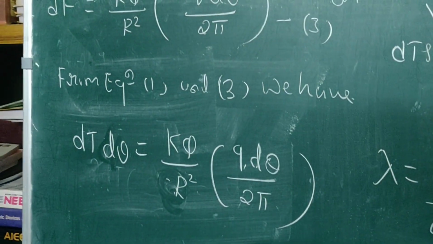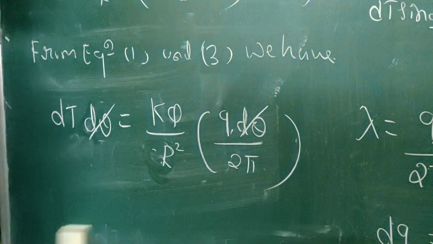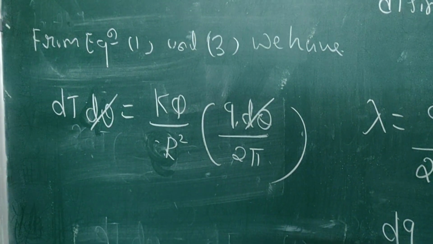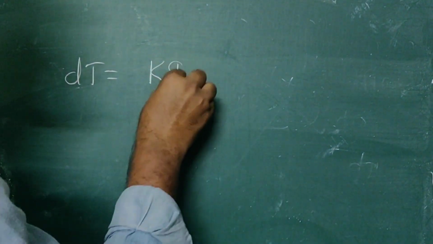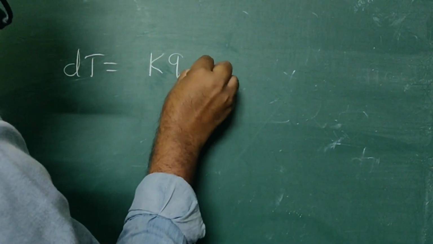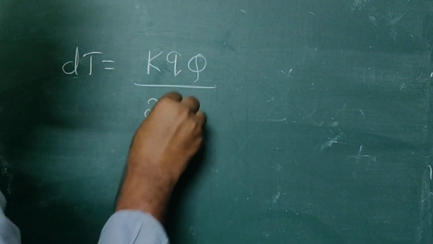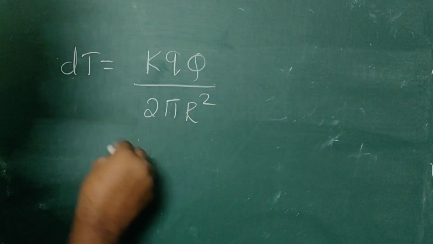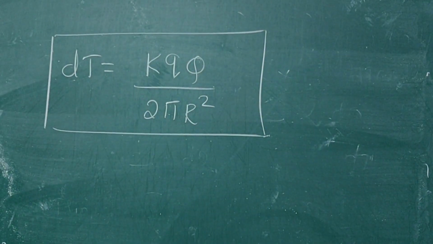Now simplify this equation. Here you can cancel this term. What is the remaining thing left? Let us write it here. dT equals k small q into capital Q by 2 pi r square. So this is the answer for the first question.